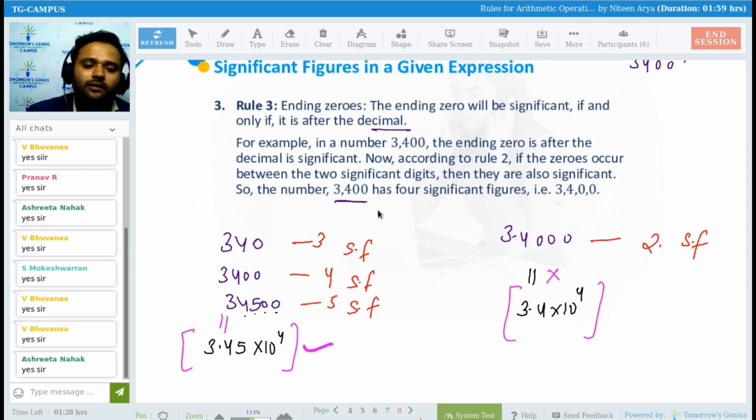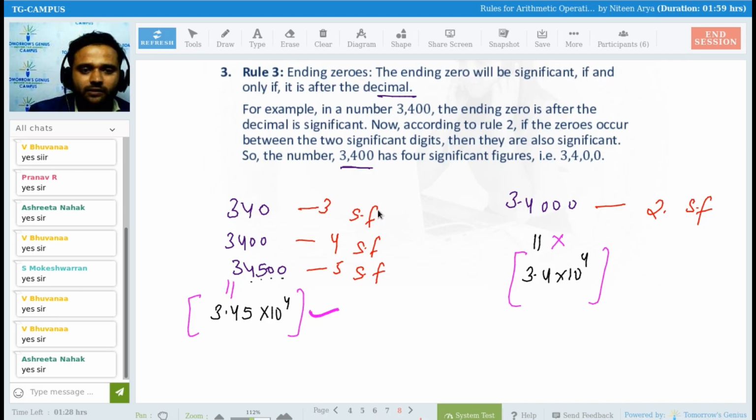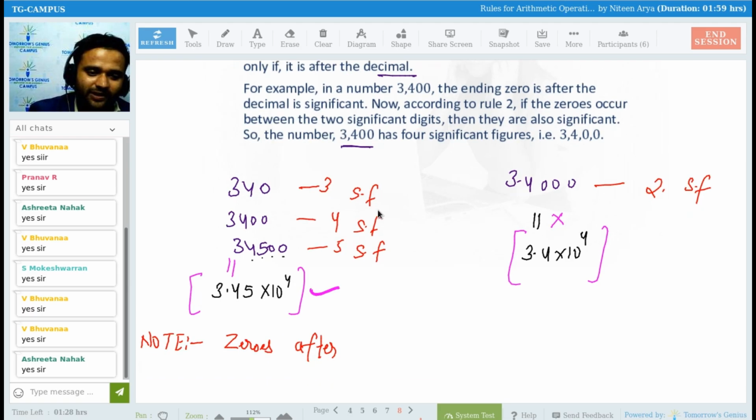A simple basic rule, as a note you can write it down. Zeros. See, this particular zero can make you a hero or zero itself.